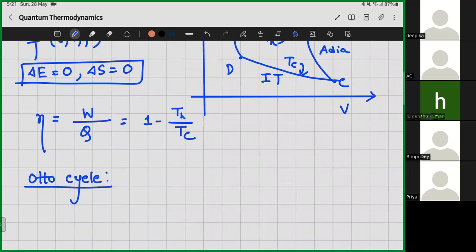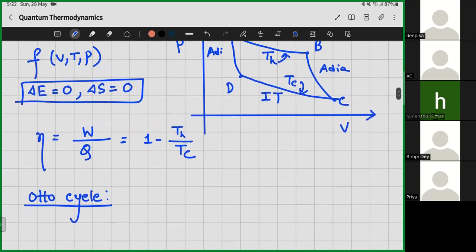We can consider other cycles as well, Otto, Stirling, but the efficiency of the Carnot cycle will be maximum. That is the upper bound, and we can verify any result with this limit, the Carnot limit. If it is beyond the Carnot limit, then we can think there are some flaws in that experiment or that result. So we consider that the Carnot limit is the upper bound for any thermodynamic cycle.